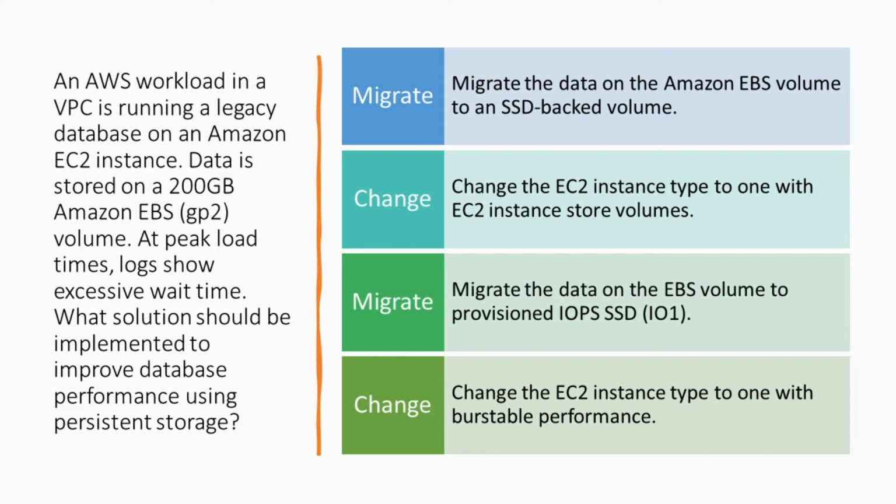Options we have: A. Migrate the data on the Amazon EBS volume to an SSD backed volume. B. Change the EC2 instance type to one with EC2 instance store volumes. C. Migrate the data on the EBS volume to provisioned IOPS SSD, IO1. D. Change the EC2 instance type to one with burstable performance.